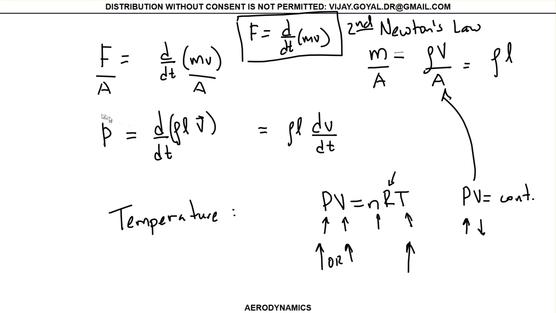My pressure is on this side, so I could say this is the same thing as nRT divided by volume, which will also equal to delta T rho L V, the velocity.